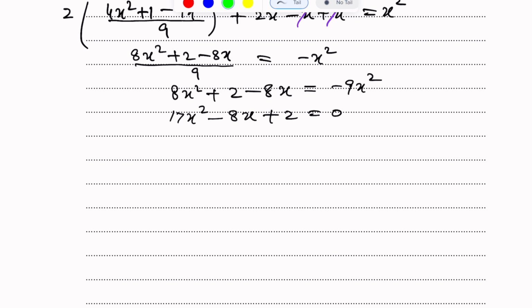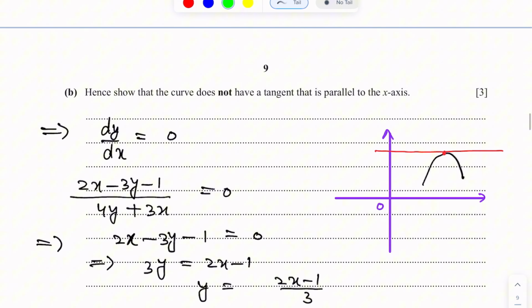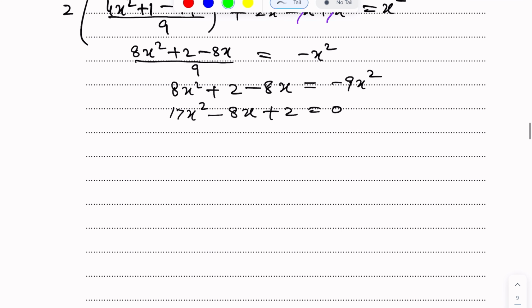Now this is a quadratic equation. Since the curve does not have a tangent that is parallel to x-axis, this equation should have no solution, because if we take the discriminant from here, we get a negative value.